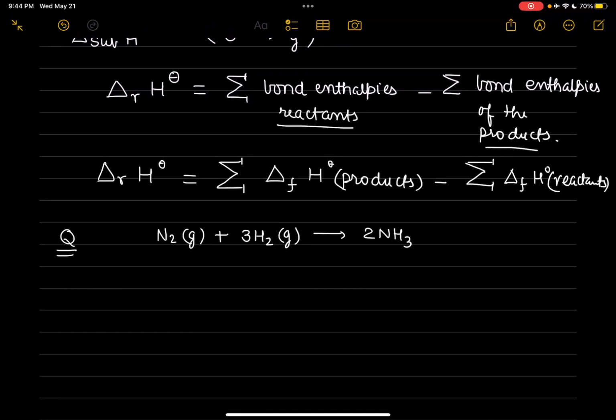How can you express the heat of reaction, or the standard enthalpy change for a reaction, in terms of the bond energies? So we'll need the bond enthalpies for it, right? Suppose I give you the bond enthalpy of N triple bond N is 946 kilojoule per mole.